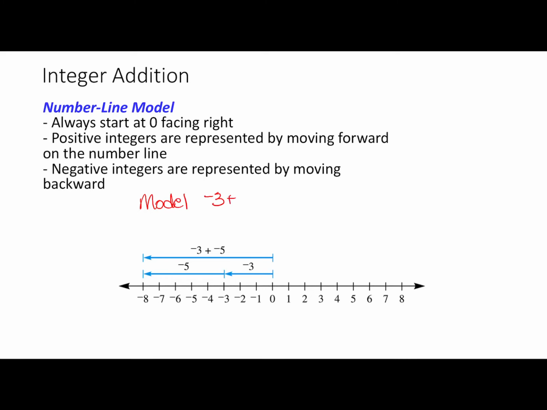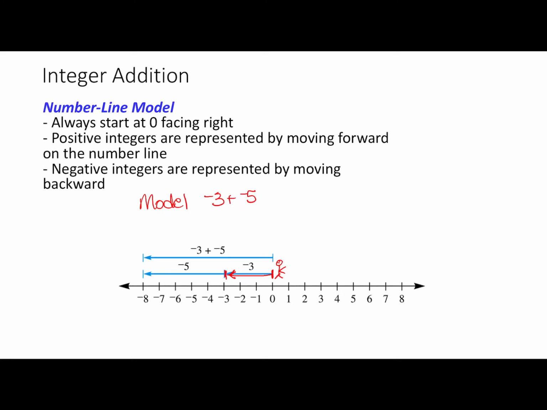So if I wanted to model negative 3 plus negative 5 on the number line, I'm going to start at 0, and I'm imagining that I'm looking forward. So if I'm standing here, I'm looking to the right, but I've got a negative 3, so I'm going to move backwards 3 units. Okay, so that's negative 3.